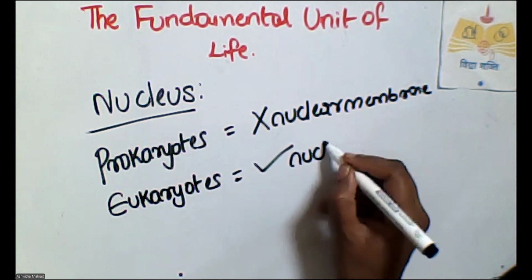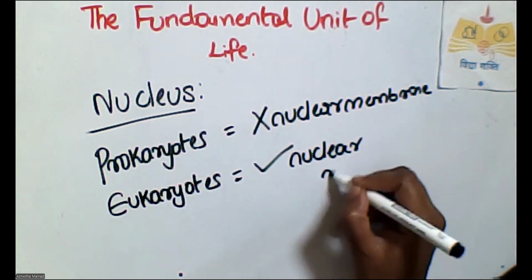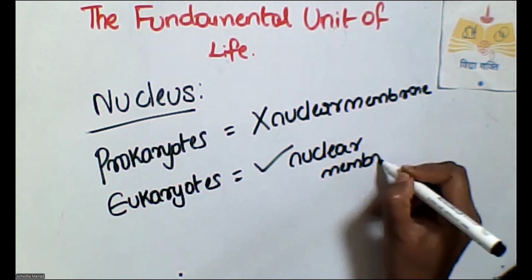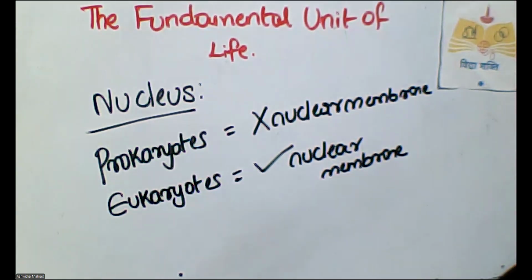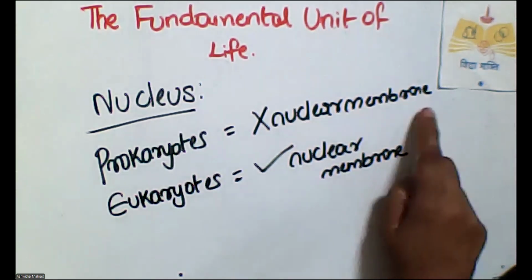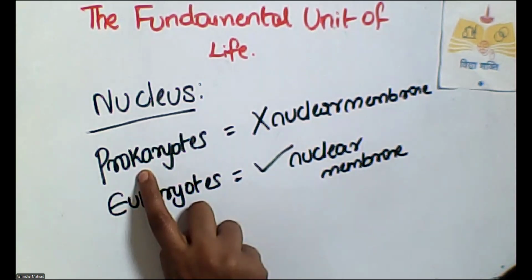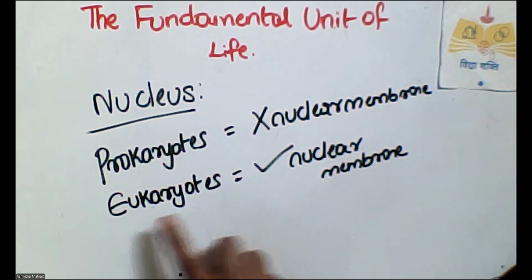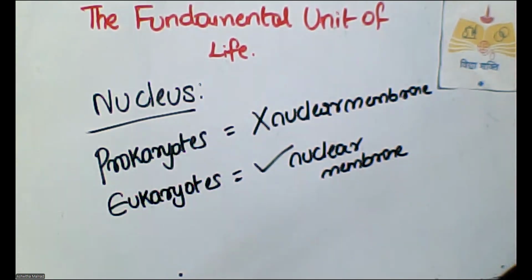Eukaryotes, they have the nuclear membrane. Got to know the difference. Which don't have the nuclear membrane, we call it as prokaryotes. Which has the nuclear membrane, we call it as eukaryotes.